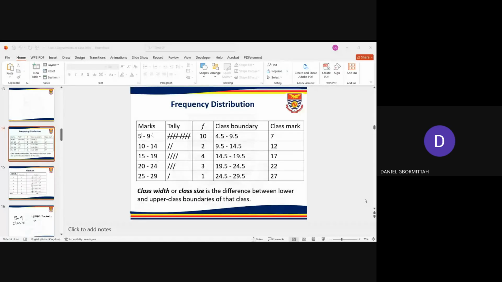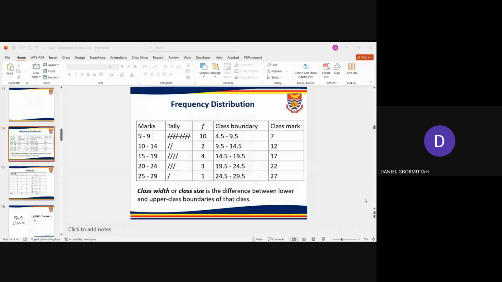You see, it's because we said the class mark is the average of the class. There are two limits, the upper limit and the lower limit. So the average of that will be the class mark, and that's why it's appropriate to say class midpoint.